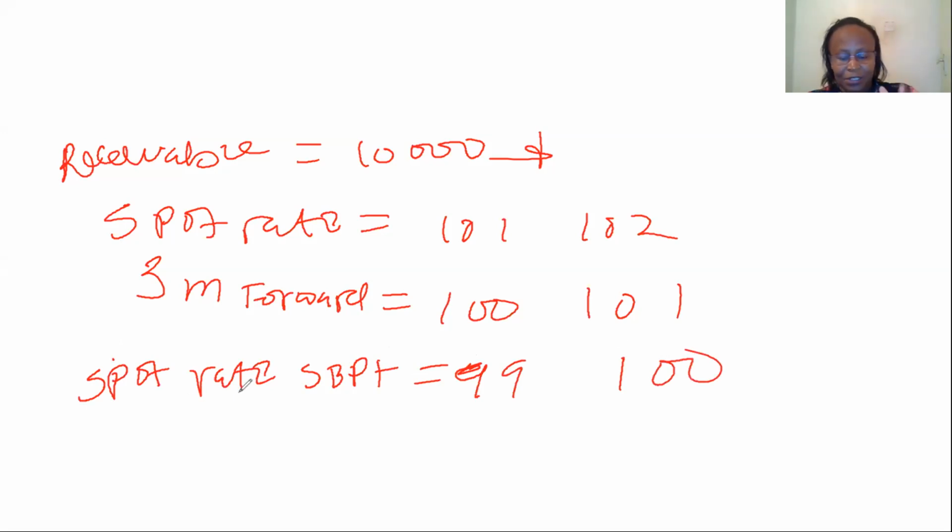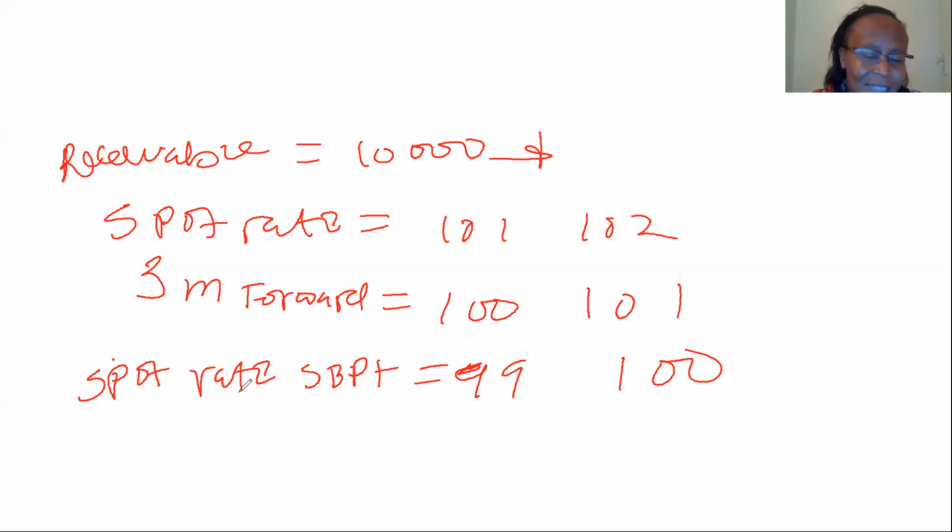Now, you have already gotten into agreement. Are you buying first or you are selling? You will be getting a receivable, you'll be paid 10,000 US dollars the next 3 months. The spot rate as at now is 101, 102. 3 months forward rate is 100, 101. And the spot rate in September, let's assume when you get to September, the rate is 99 and 100.